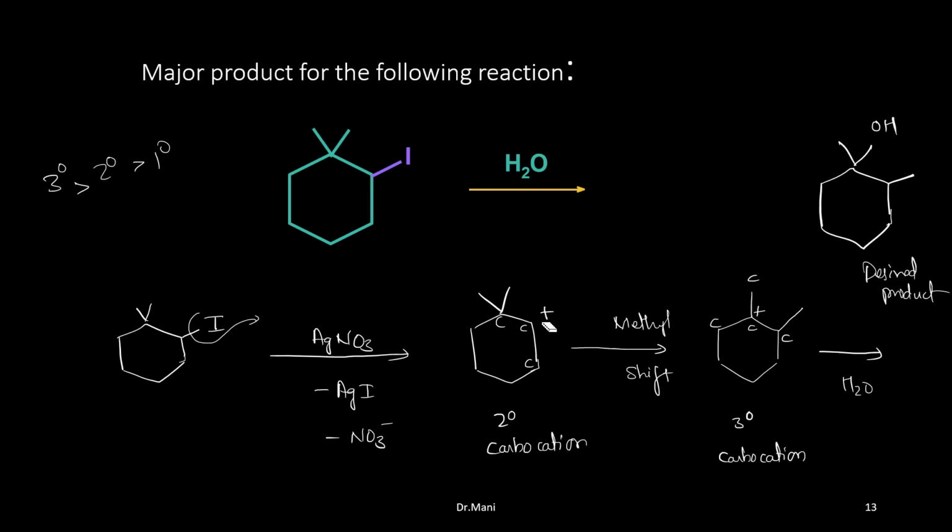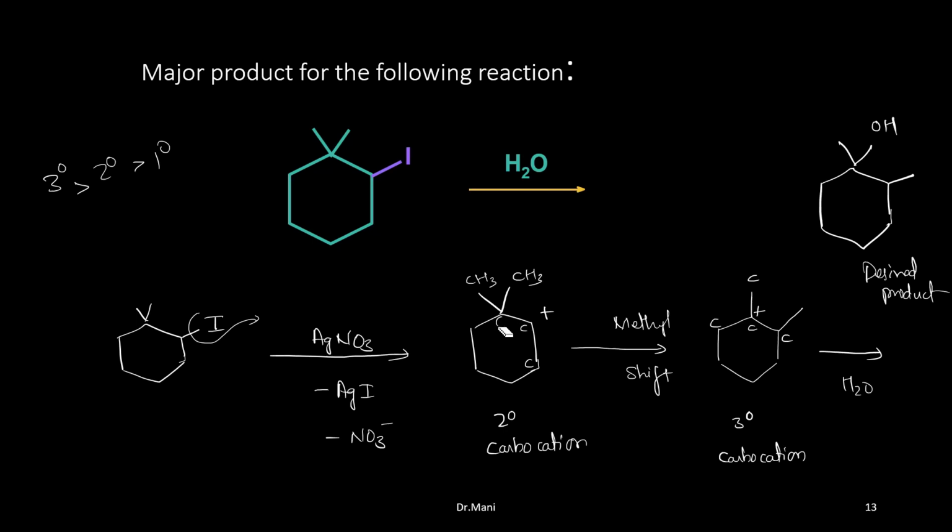Once the cation is formed, I have two chances. If you see the carbon here, it is a secondary carbon because it is attached to two carbons. But if there is a methyl group present here, and I move this methyl group onto this carbon, then I could get my positive charge on this carbon.